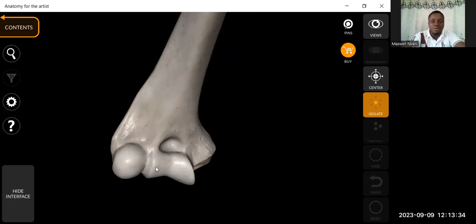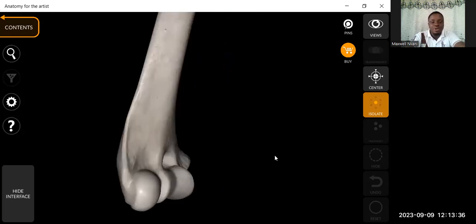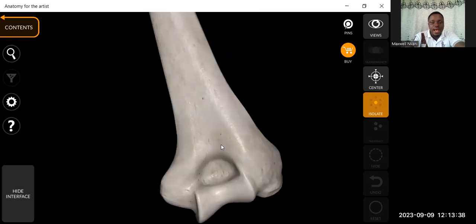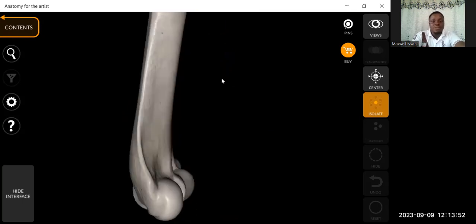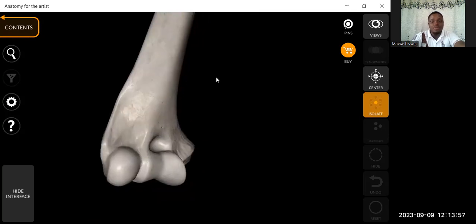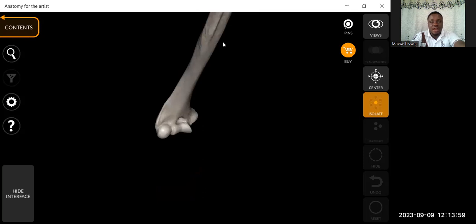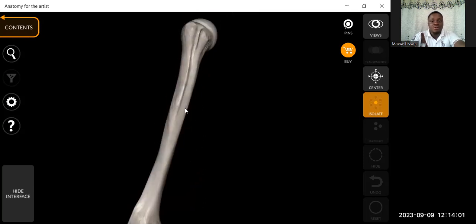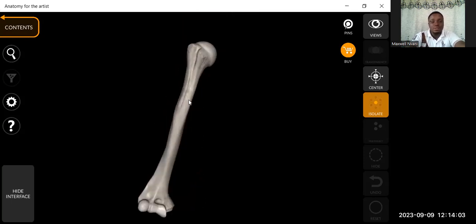Posteriorly we have a fossa just above the trochlea, and that's called your olecranon fossa. That is the description of the lower end. So we've successfully described the humerus from the upper end to the shaft and then to the lower end.